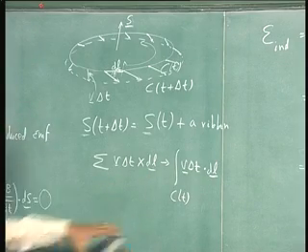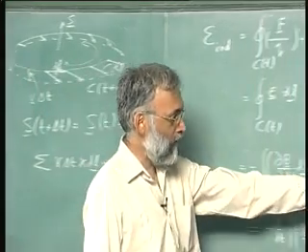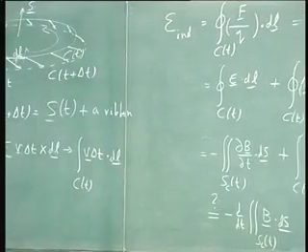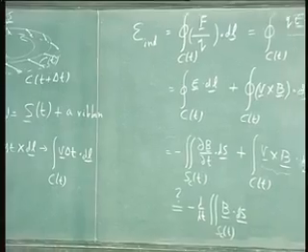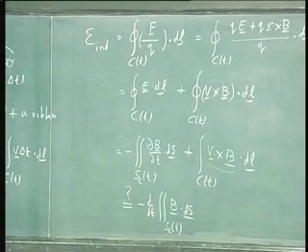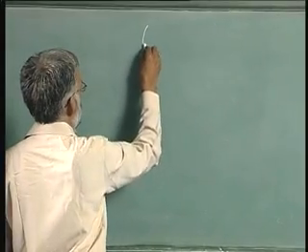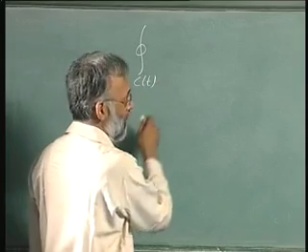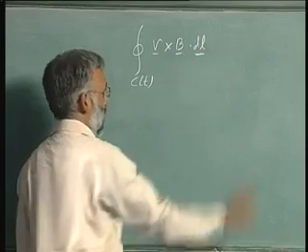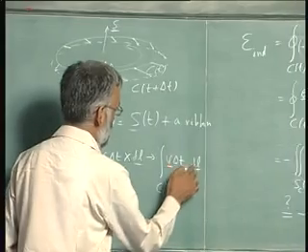So now let me look at what this v cross b dot dl can be made to look like. So I have this integral C of t v cross b dot dl. I am sorry, here this should be v delta t cross dl.